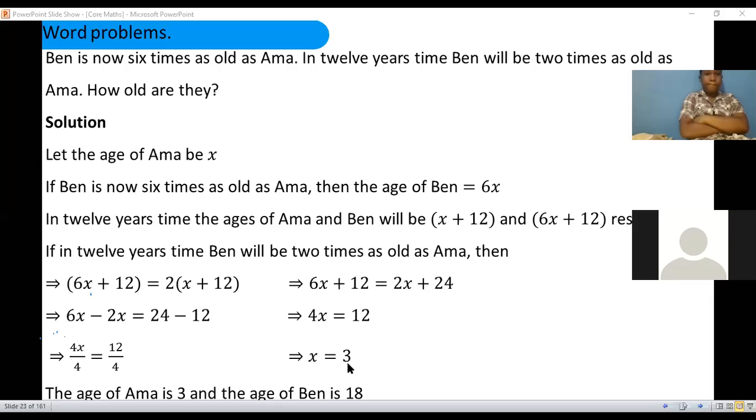Amma's age is 3. So 6 times Amma's age is Ben's age. So Ben's age is 6x, and x is 3. So we substitute x equals 3 into 6x, which is Ben's age. So that would be 6 times 3, making 18. Okay, sir. Thank you.